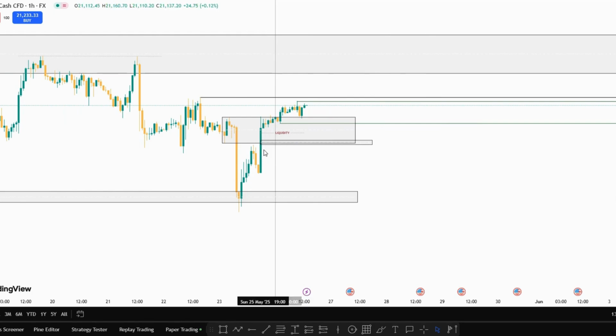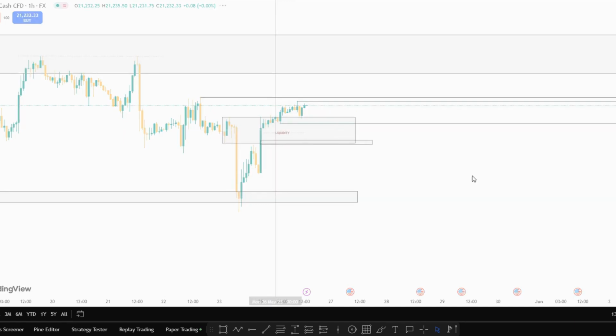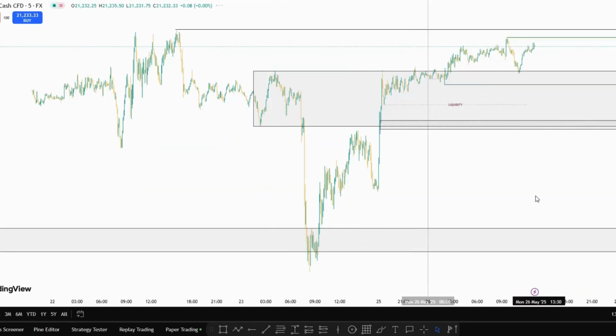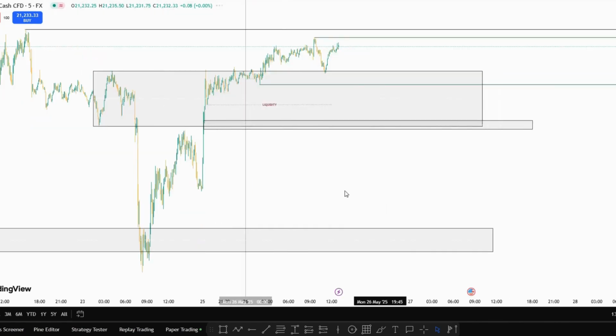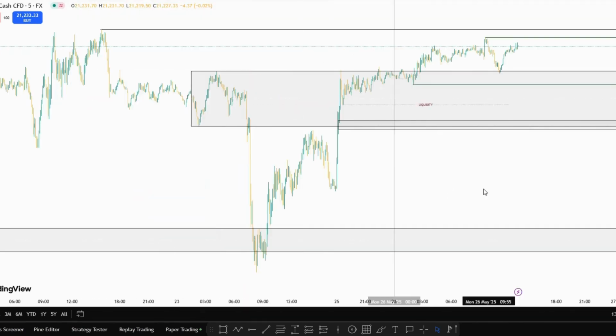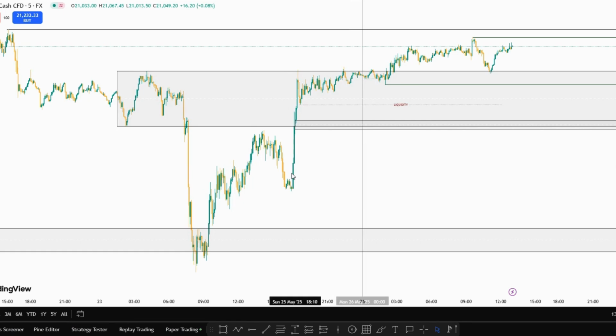So basically what I'm looking at is, you can see Sunday's opening. So let's go back down the time frame. Right, Sunday's opening over here at 6 o'clock. Price moved aggressively to the upside.